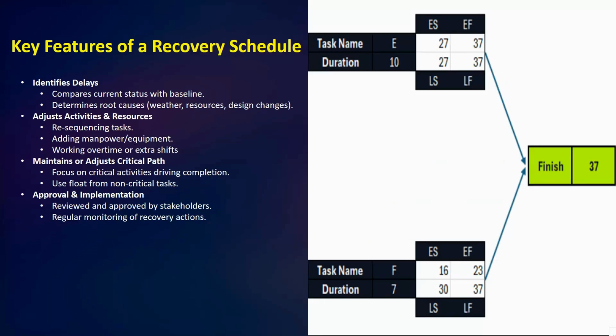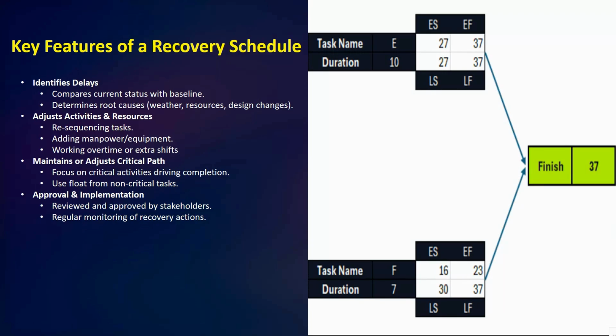Okay, so next we have key features of a recovery schedule. A recovery schedule has some important features that make it different from the baseline plan. So first, you can see we have here, it identifies the delays. It compares current project status with the baseline, then determines root causes, whether resources or design changes.